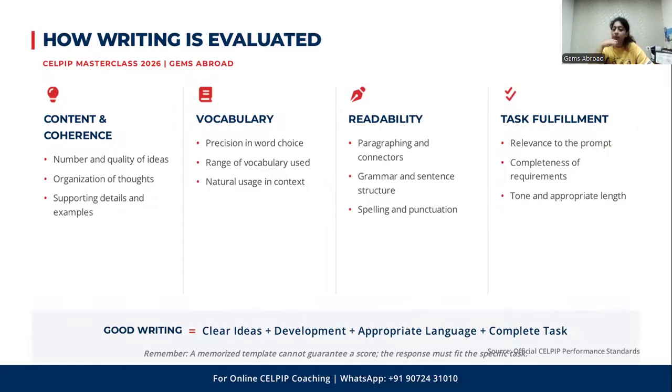Third, readability. Can the examiner understand your ideas easily? And fourth is coherence. Are your ideas logically organized? And you also need appropriate grammar, sentence structure, spelling, punctuation, paragraphing, and connectors.